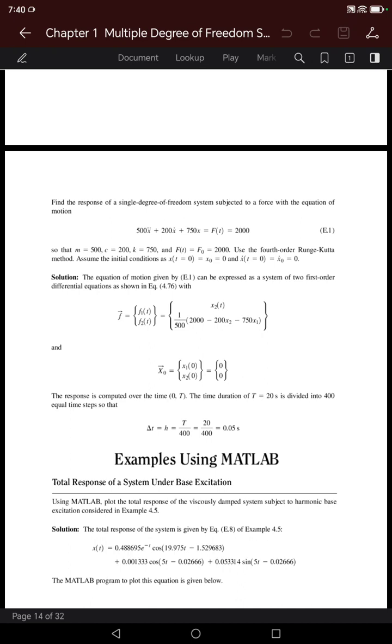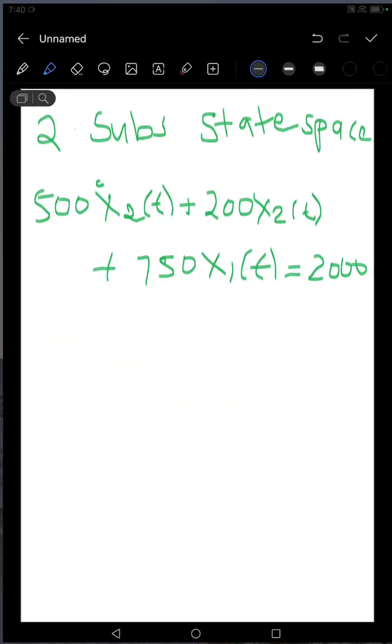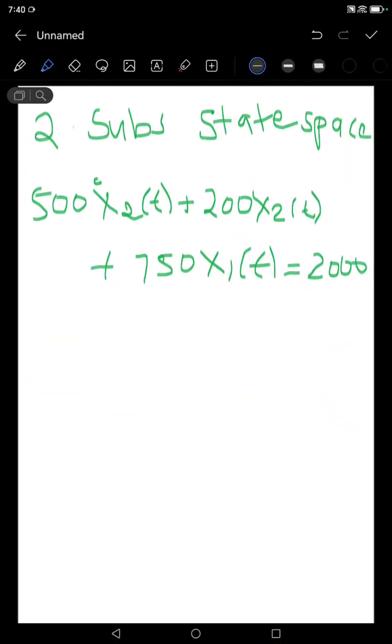I showed you how to write the matrix in this form in our previous example where we were not using the values. So what we can do is make x2 dot separate the formula, or we can just copy the matrix form from our notes. But let me not just copy, let me show you how to write this matrix form. Remember, we had x1 dot of t, which was equal to x2.